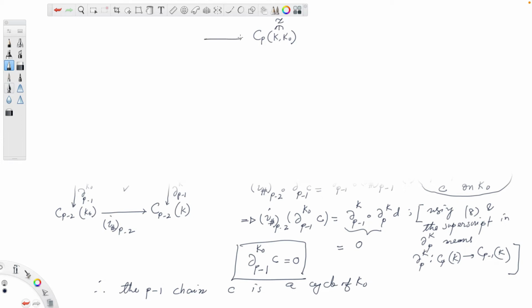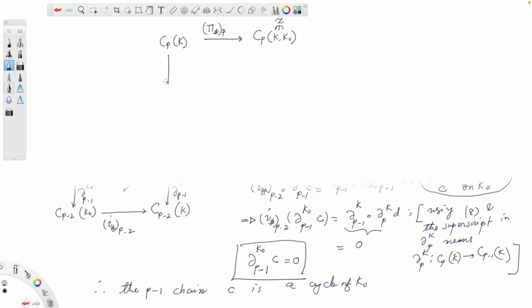And then there is this projection map, π# at p, which projects C_p of K onto C_p of K comma K0.